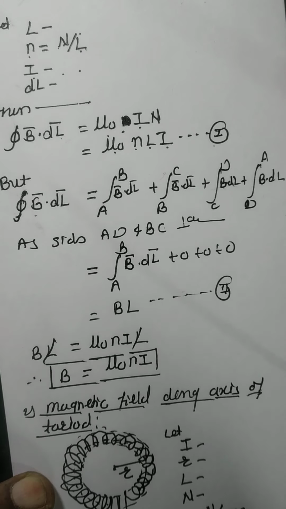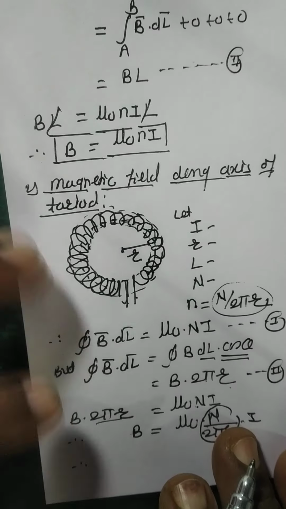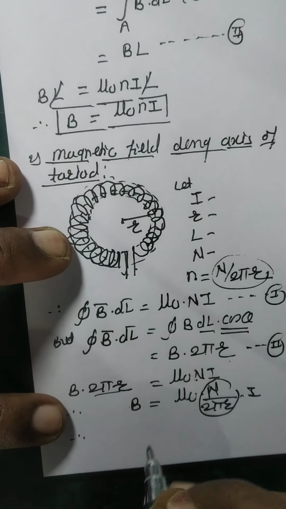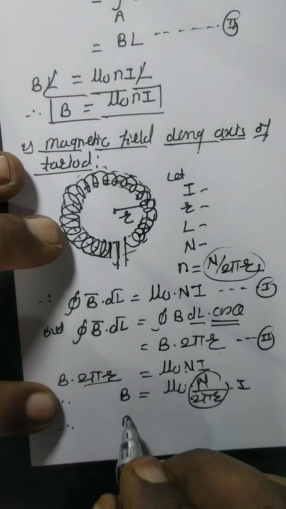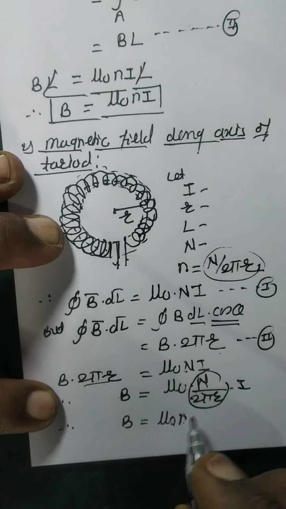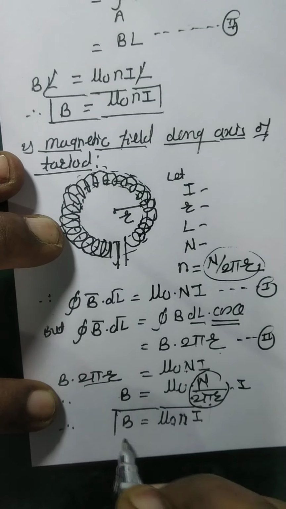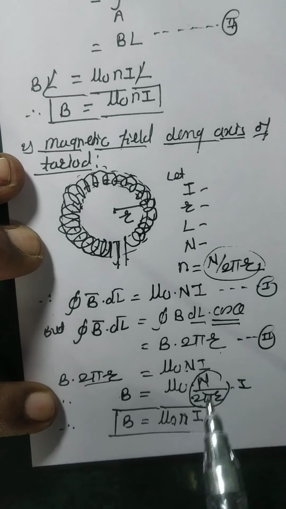हा 2 pi r खाली येतला, but n divided by 2 pi r, number of turns per unit circumference, that is small n, and therefore B is equal to mu naught n I. परत पहा काय केलं.